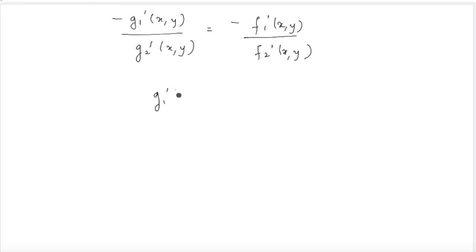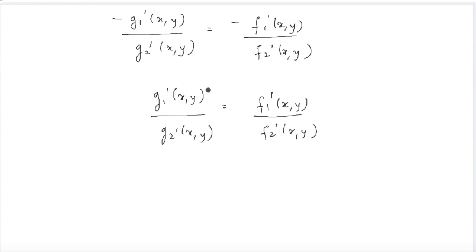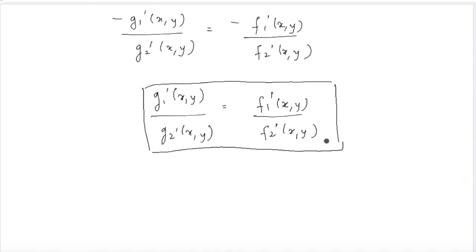So we can say that the necessary condition for finding the optimum point in a constrained problem is that the slope of the tangent of the level curve has to be equal to the slope of the tangent of the constraint curve.